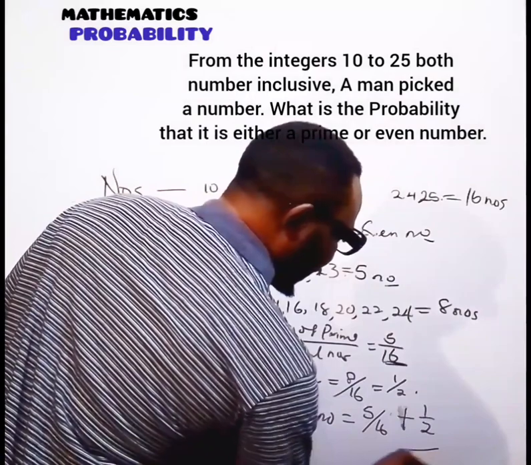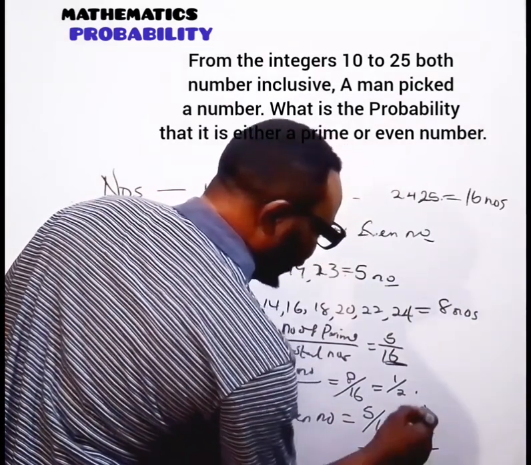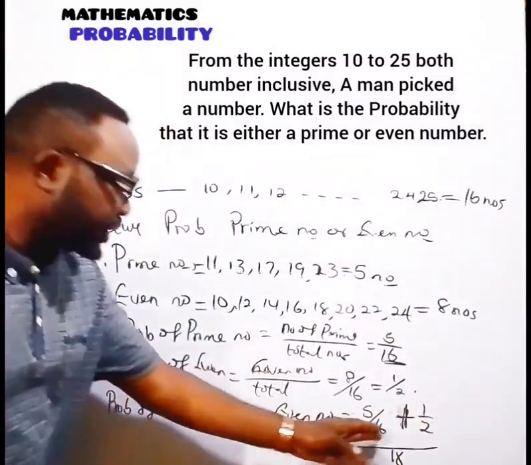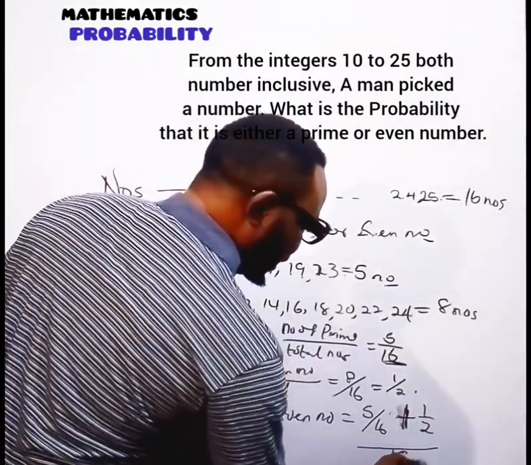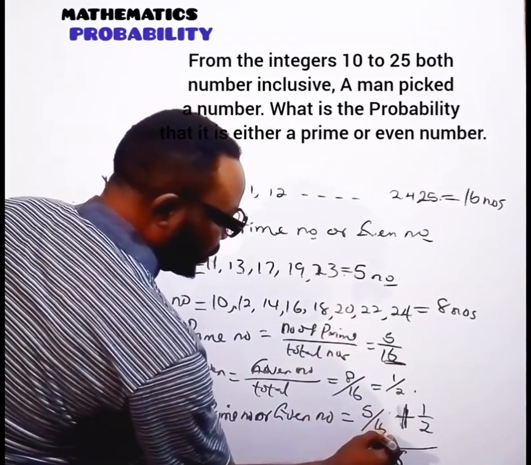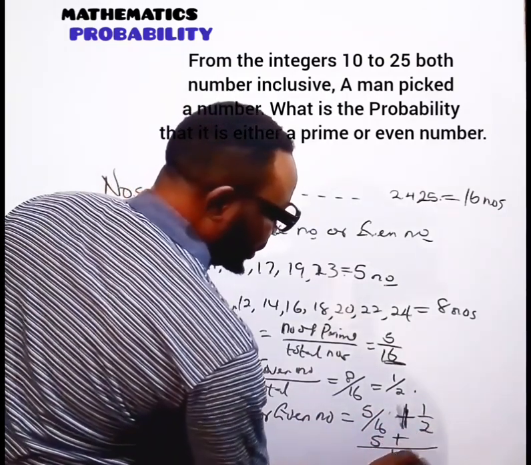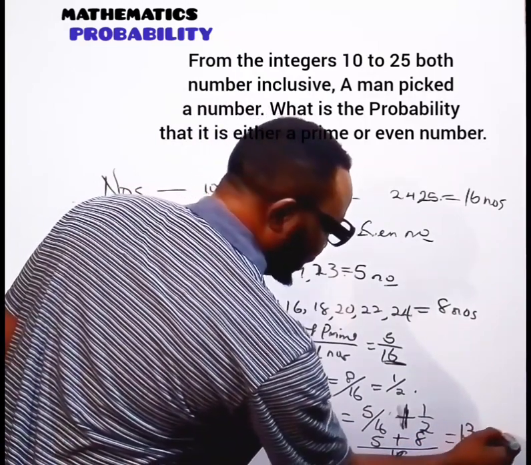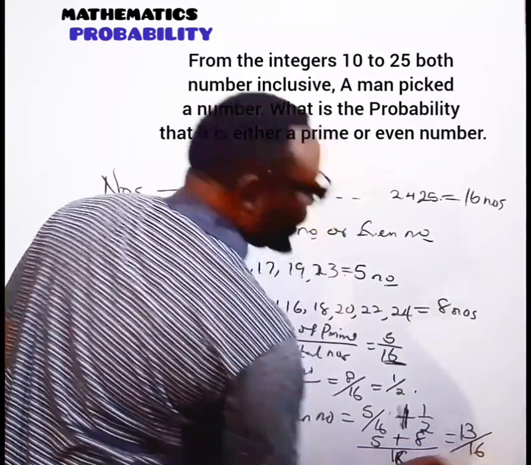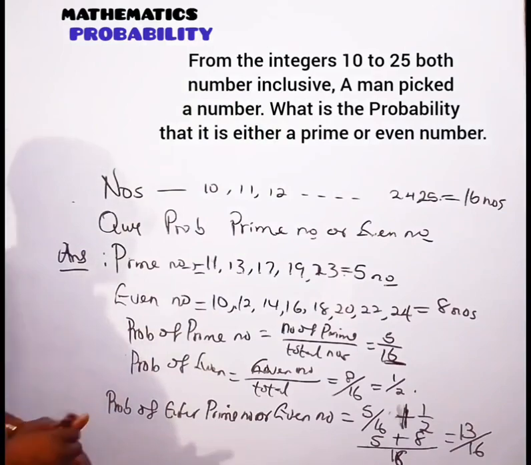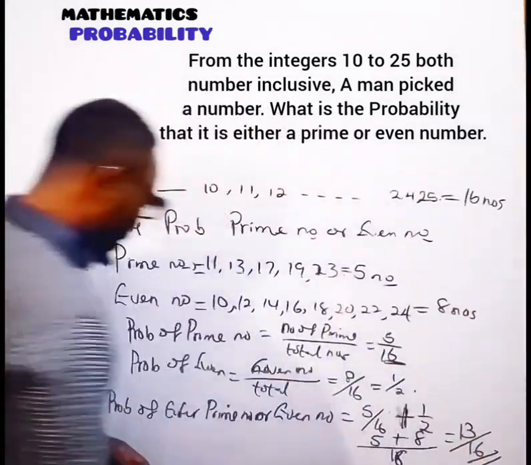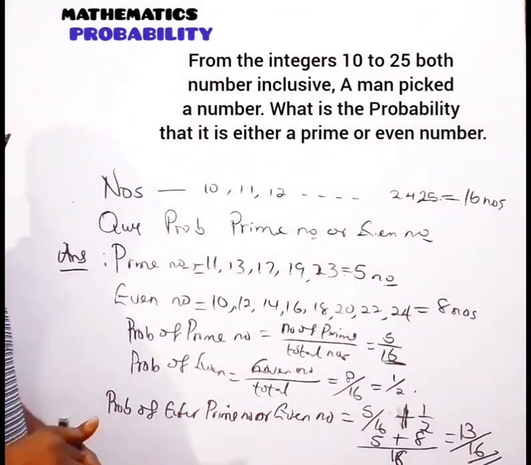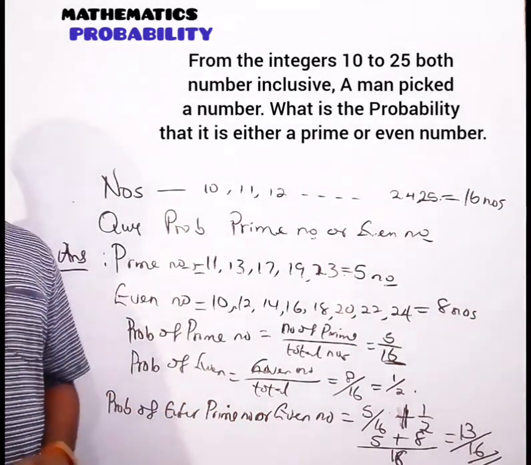So what is the LCM? We have to find the LCM because we have addition separating the fractions here. 16 is the LCM. This will be equal to 5 plus 2 times 8, since 16 divided by 2 is 8, and 8 times 1 is 8. That will be equal to 5 plus 8, which is 13 over 16. That is the probability of picking a number that is either a prime number or an even number.